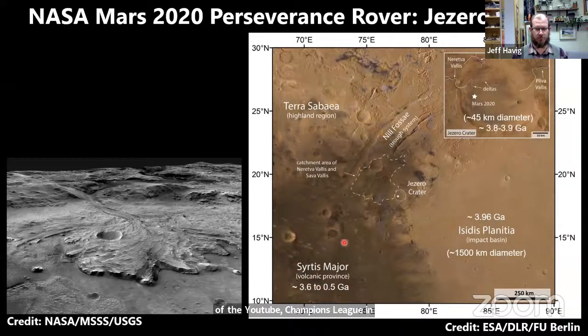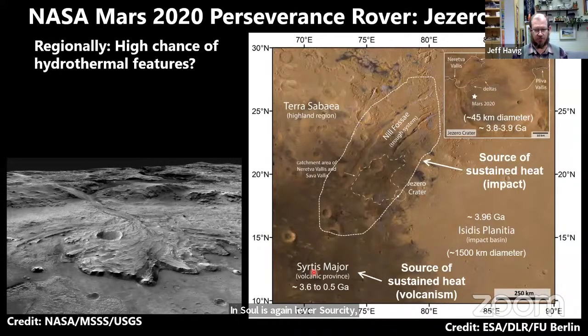And so, again, another source of heat. So we have a source of sustained heat from volcanism, a source of sustained heat from impact occurring in this region. So we have multiple avenues for potential of driving hydrothermal features and hydrothermal processes.